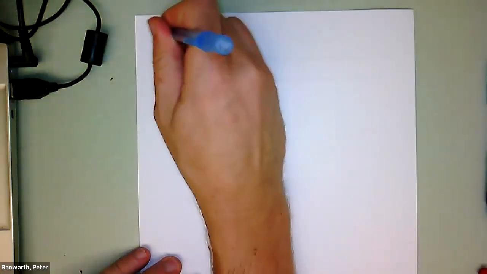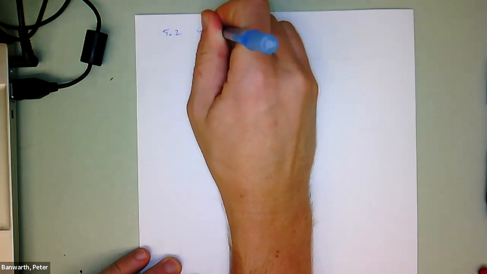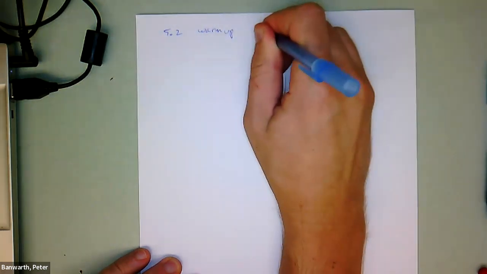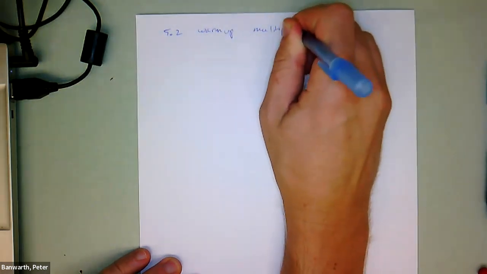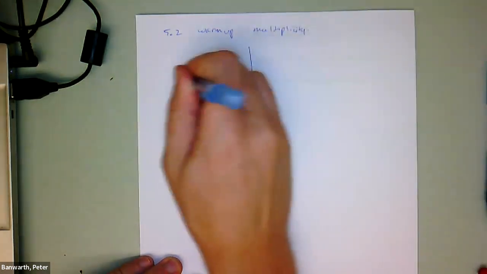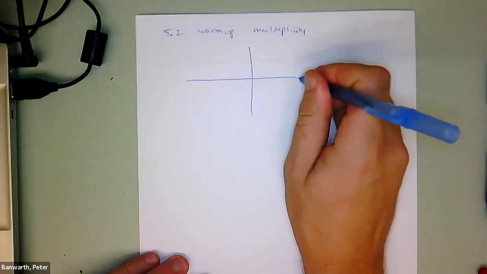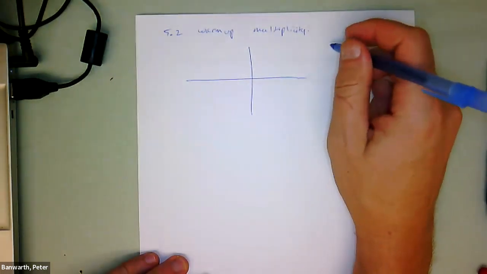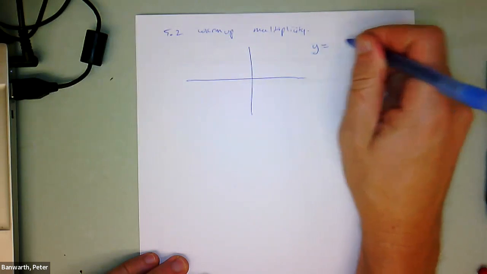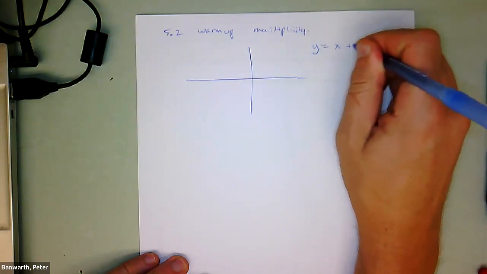Still working on the warm-up. Let's look at multiplicity. All right, so start with a graph of just a simple function, y equals x plus 3.